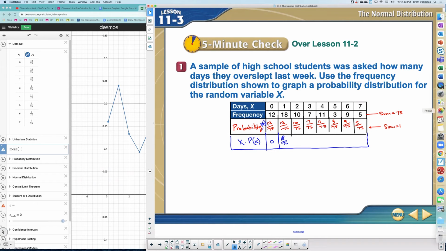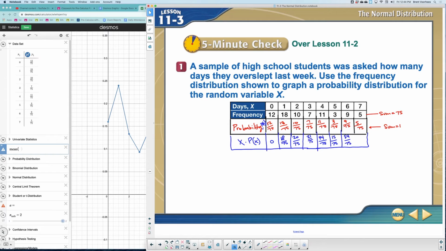Okay, let's try this again. And then 2 times 10 over 75 is 20 over 75. 3 times 7 over 25 is going to be 21 over 75. And then over here, 4 times 11 over 75 is going to be 44 over 75. 5 times 3 is 15, so that's 15 over 75. 6 times 9 is 54, so 54 over 75.